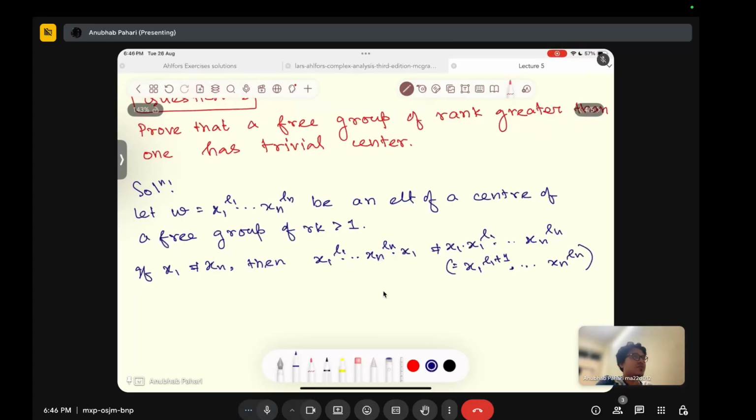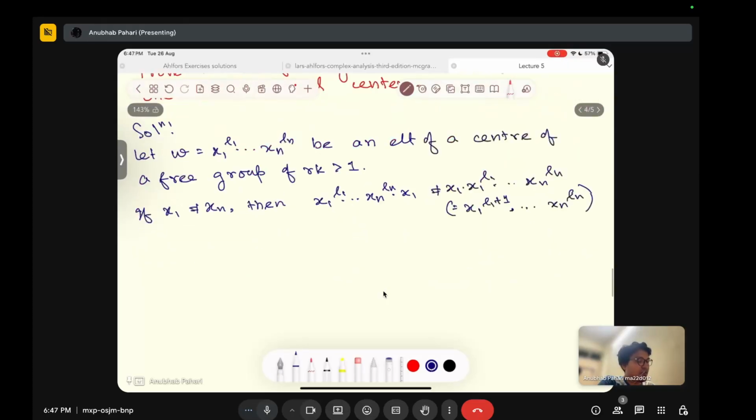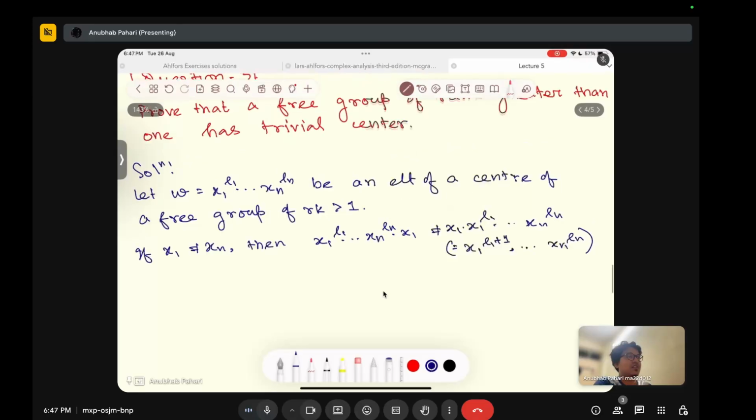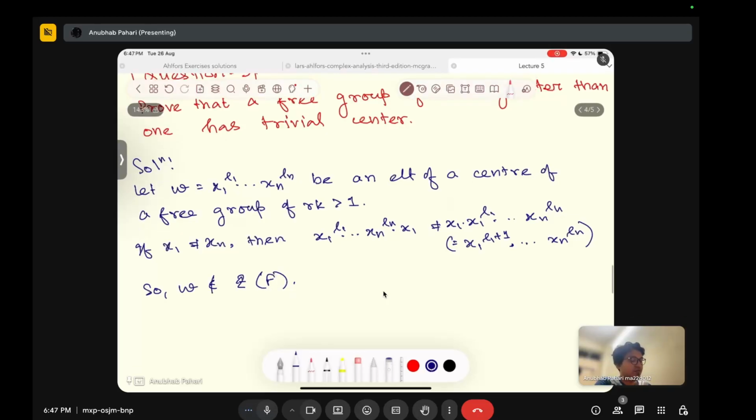So if x1 not equals to xn, then you see that it cannot commute with x1, so small w does not belong to the center of the group F, because it does not commute with x1, right?